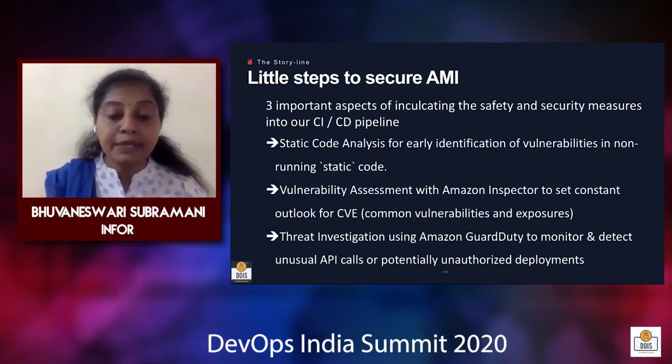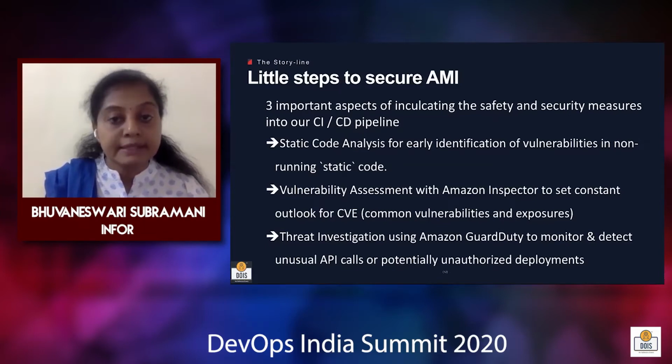The first one is security analysis. The intention is to identify the vulnerabilities early in the cycle, in the non-running static code. The second one, vulnerability assessment, we're going to do with Amazon Inspector, which is going to check for common vulnerabilities and exposures.